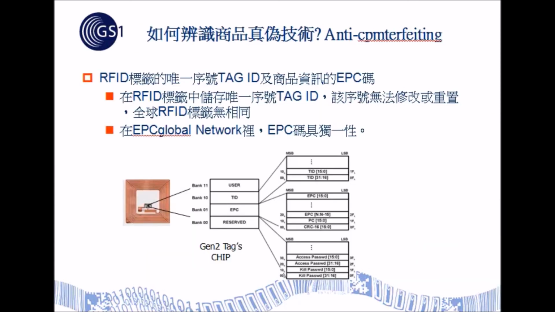So how can we do the anti-counterfeiting? Since the RFID tag will be assigned a unique tag ID and a corresponding EPC code, serial code, EPC manager code, object class number, then the RFID tag will only store or assign the unique tag ID.